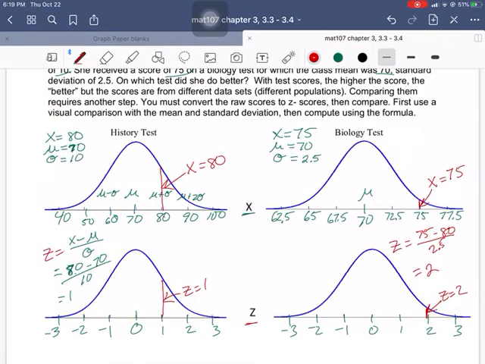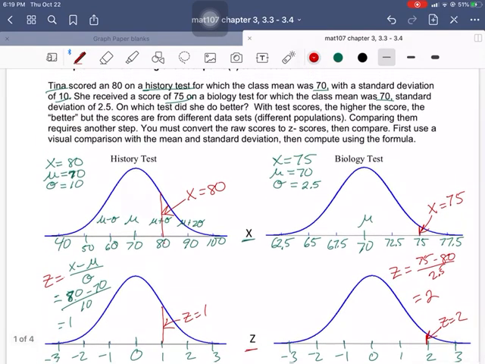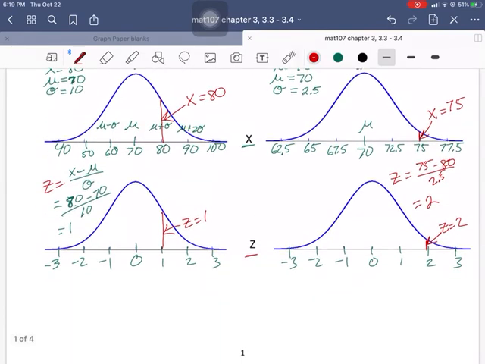One x value can be turned into a z-score, giving you a measure of position, where that one score fell among the rest of the class, comparatively speaking. So the question up here that I skipped right over says, on which test did she do better? Which test do you think was harder, or on which one was the class clumped around? Look at this.